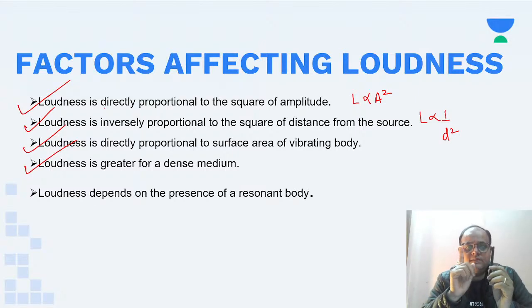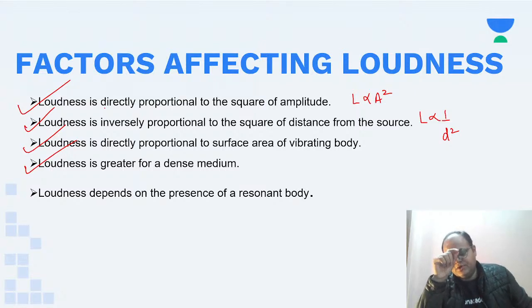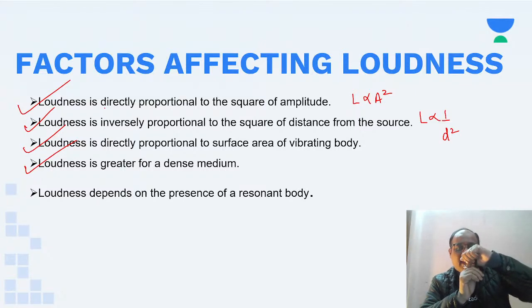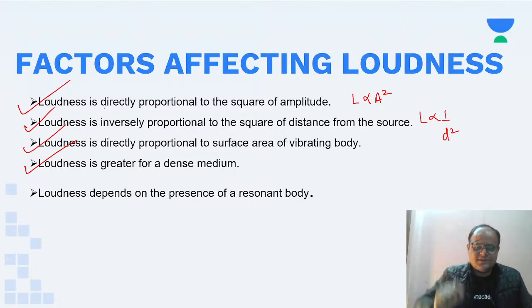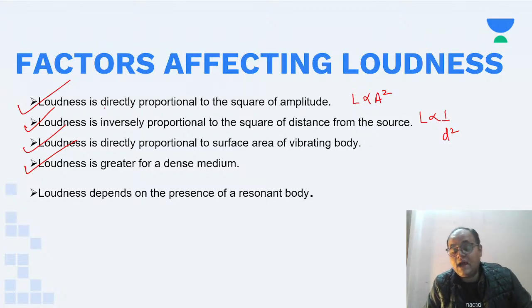There will be some time for the wave to reach here, and meanwhile it will lose energy. From here to here, again it will lose energy. So the amplitude will keep on decreasing. On the contrary, if they are jam packed, what will happen? Instantly the disturbances will be transmitted, and you'll notice a very loud sound.